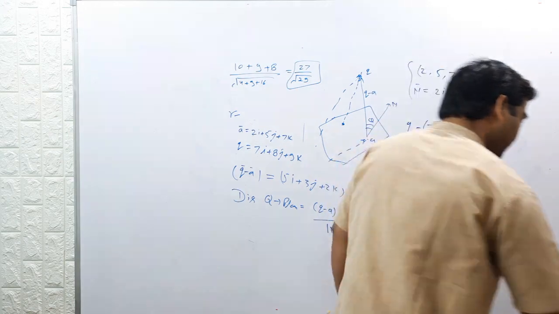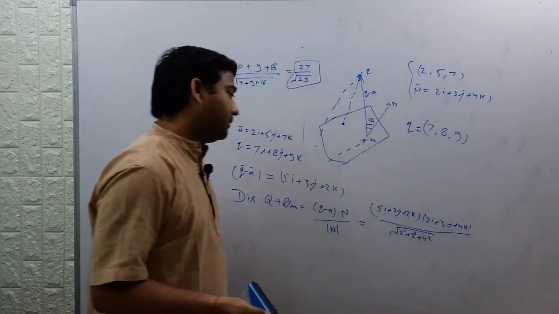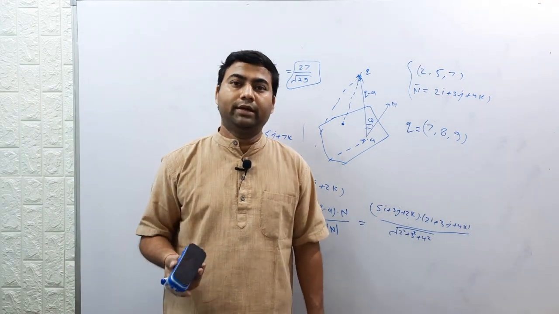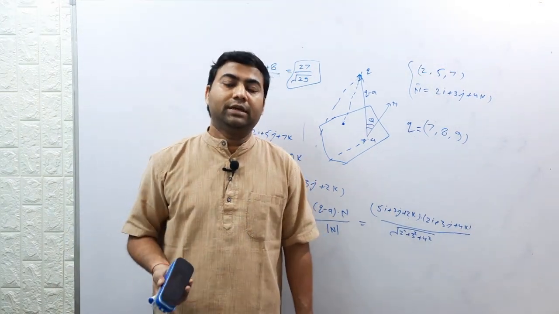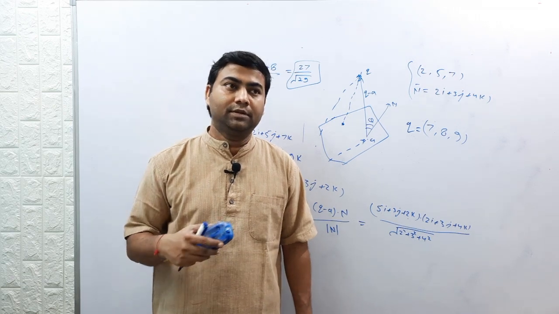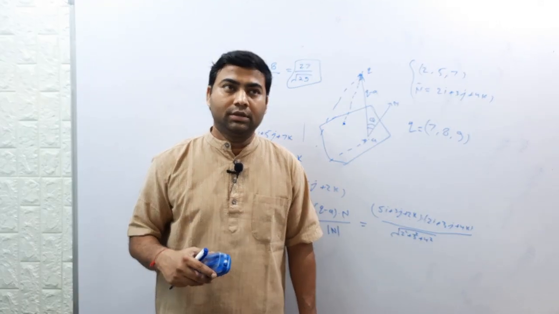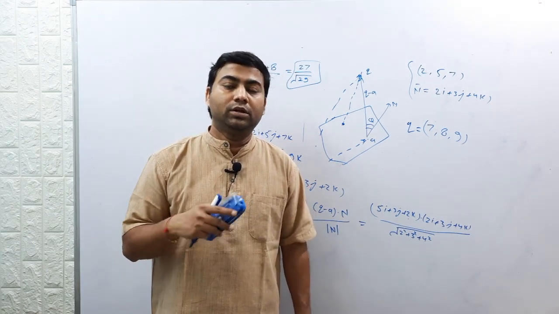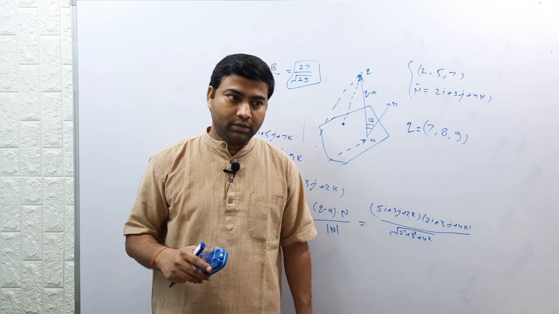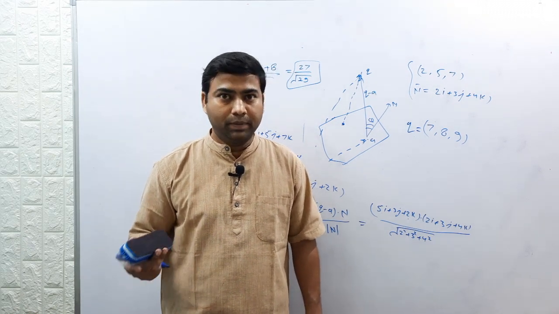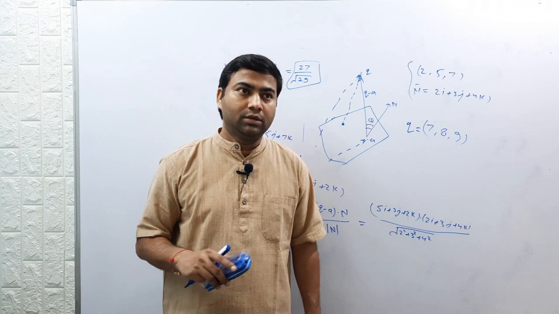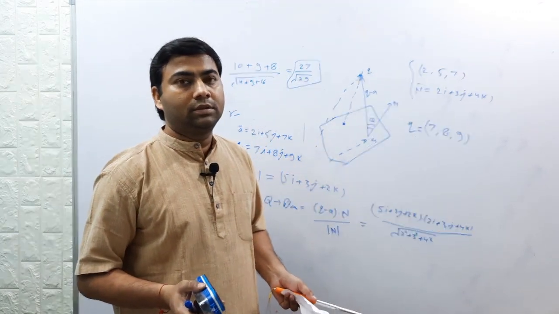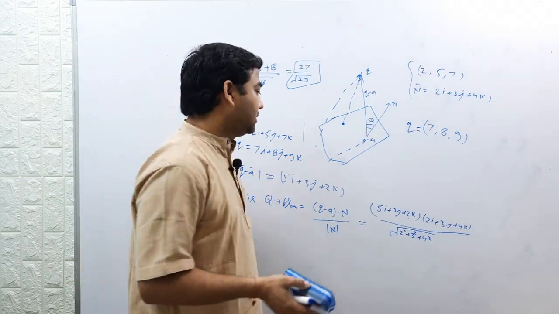These are the methods to find the equation of a plane, the equation of a line, the distance between a line and a point, and the distance between a plane and a point. We have also discussed a plane which is perpendicular to a line and passing through a point, or a line which is perpendicular to a plane and passing through a given point. So in this way you have different combinations, and you can solve these problems in different combinations.